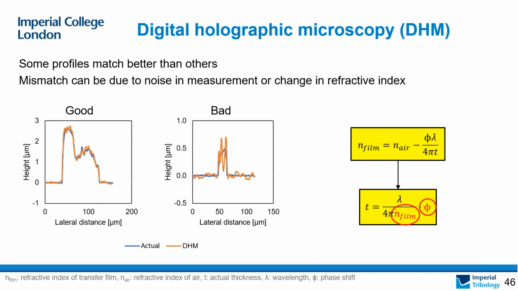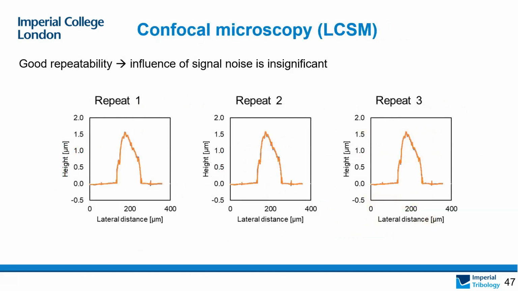The same goes for DHM measurements. Mismatch is either caused by phi due to the noise in measurement or N film due to the change in refractive index. And in the equation, lambda is simply the laser wavelength, which is a constant.